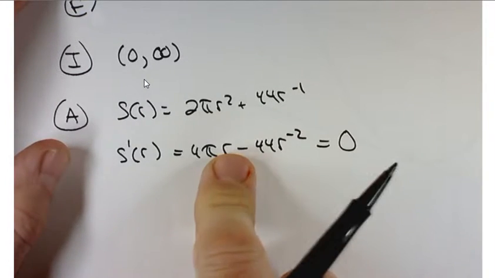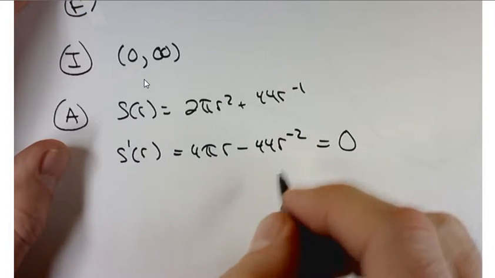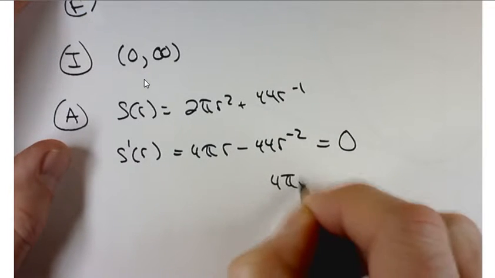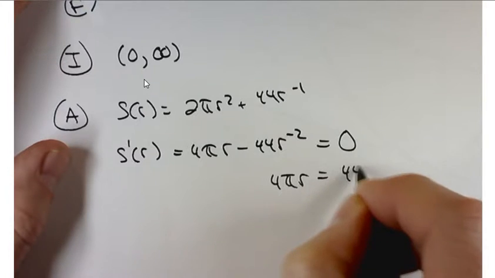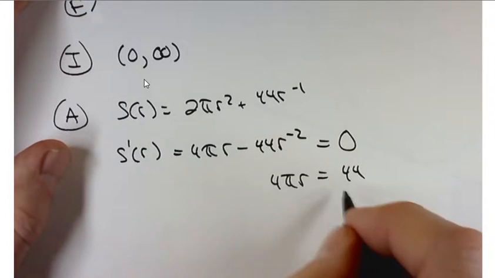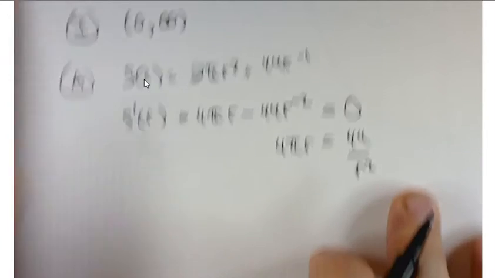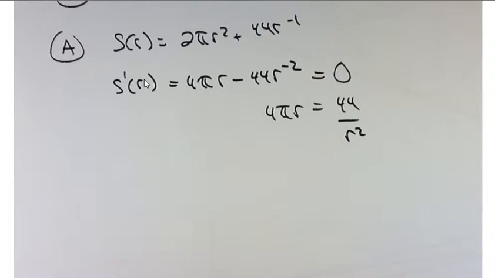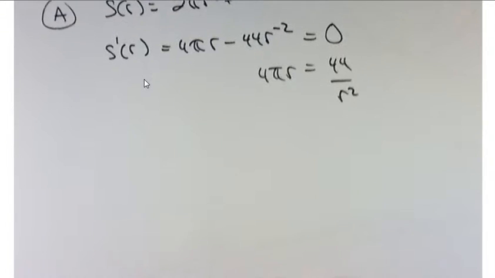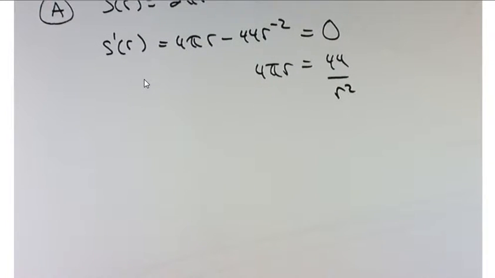We are worried where s prime equals 0. So it's going to be 4 pi r equals 44 over r squared. Okay, so let's solve for r.